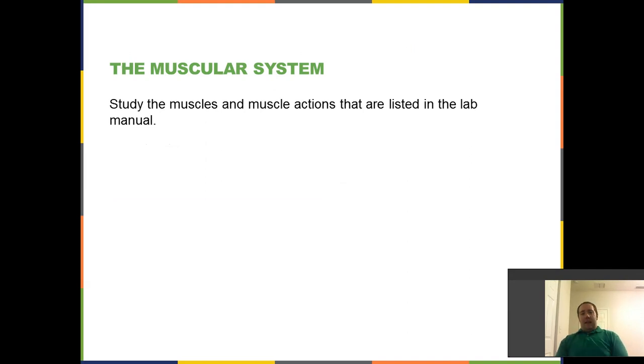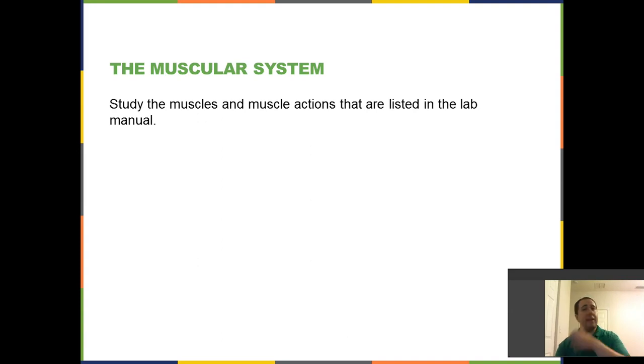So this slide is a reminder that for the lab exam and for the final exam, you are responsible for knowing the muscles, the muscle names, the muscle locations, and the muscle actions of the muscles that are in your lab manual.